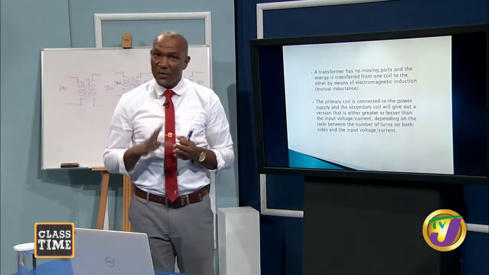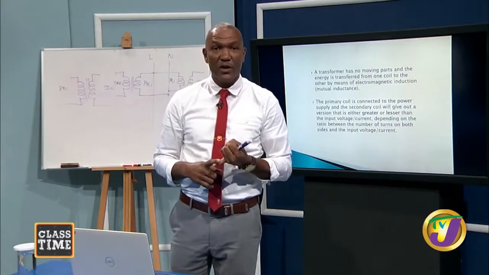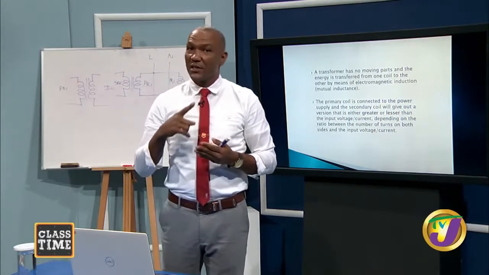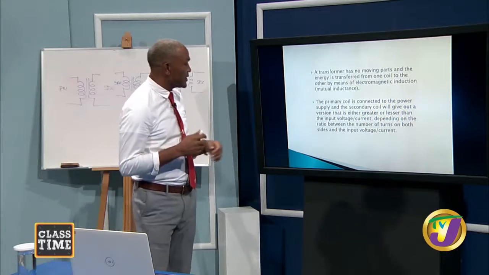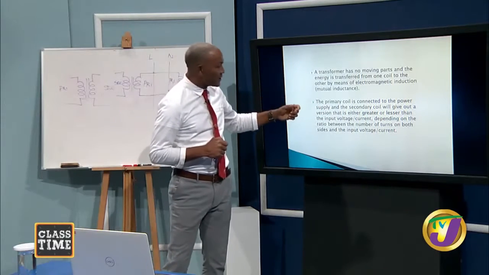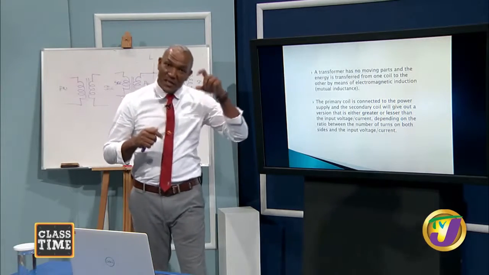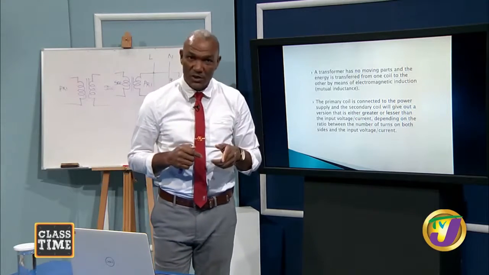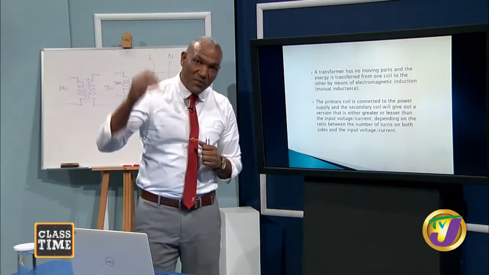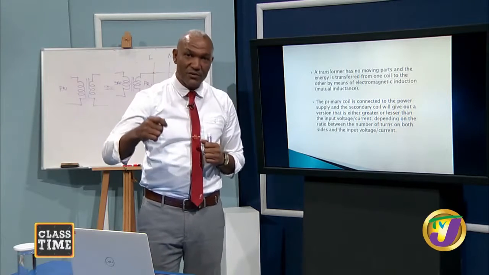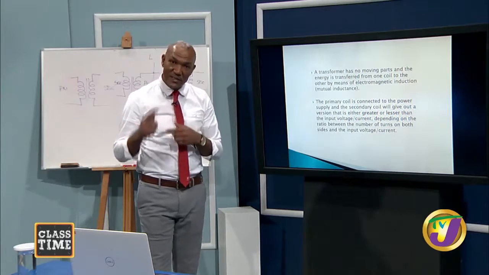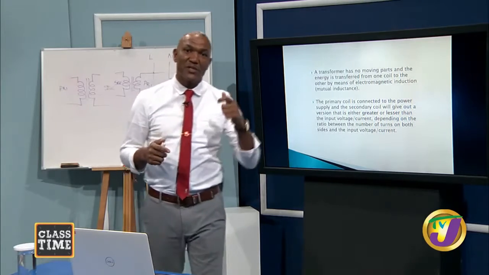So we are looking at four main things: the primary coil, the secondary coil, the primary voltage, and the secondary voltage. Bear in mind, the primary is connected to the power supply, so that voltage in the primary is called your primary voltage. The transformer will give out a voltage called the secondary voltage, which is going to be either greater than or less than the voltage that it was connected to.